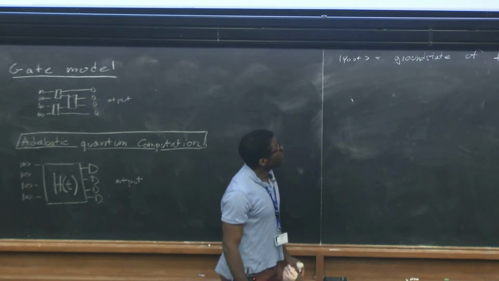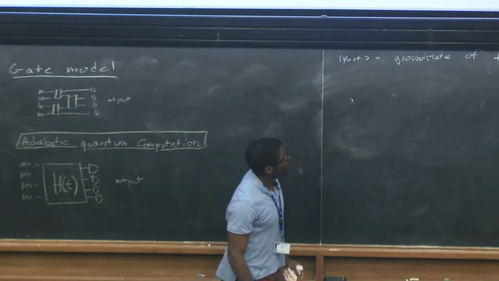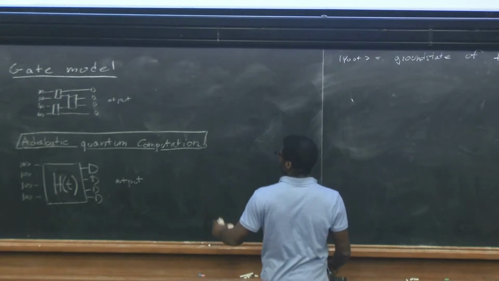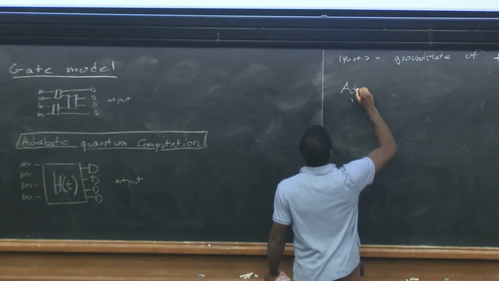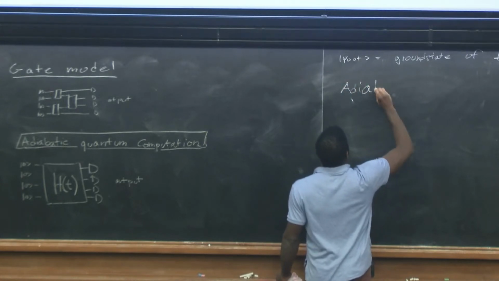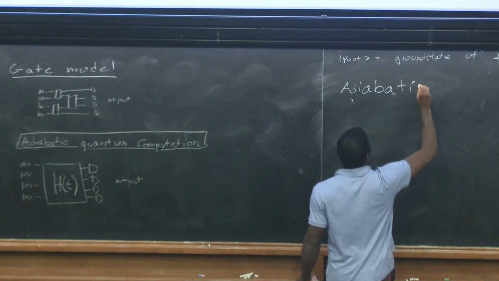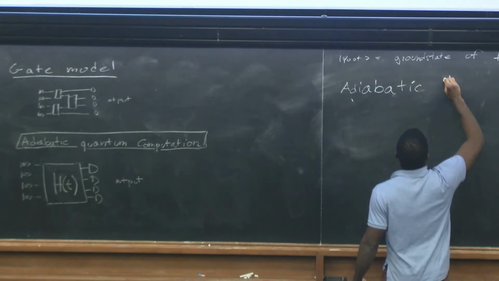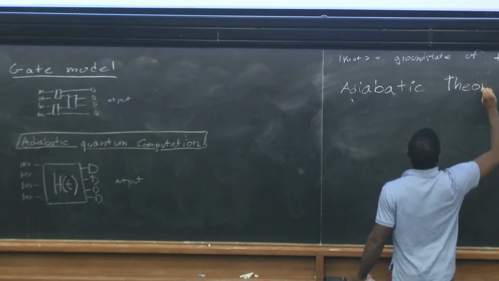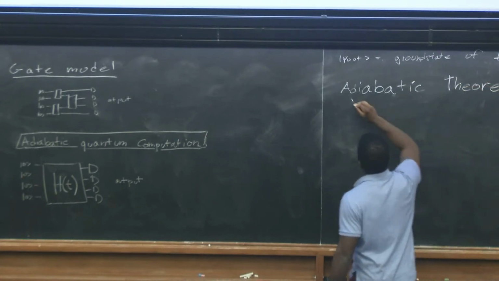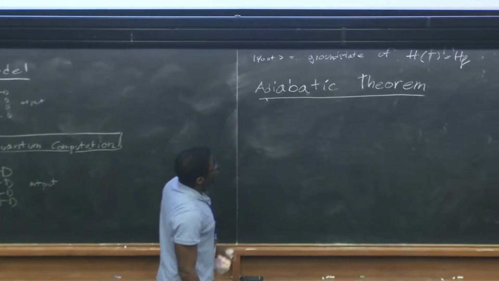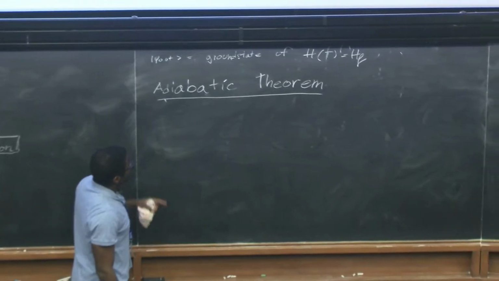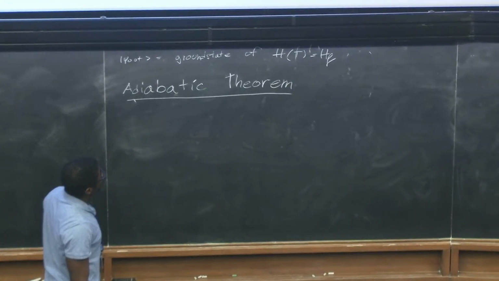This can be done relying on the adiabatic theorem, which is the backbone of adiabatic quantum computation. So let me state it. Before stating it, let's discuss what the ingredients are.